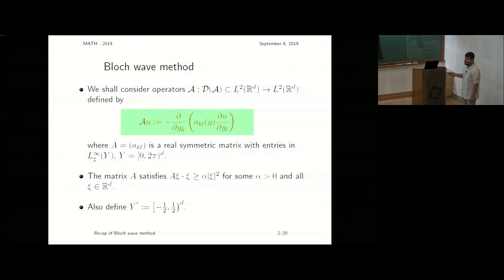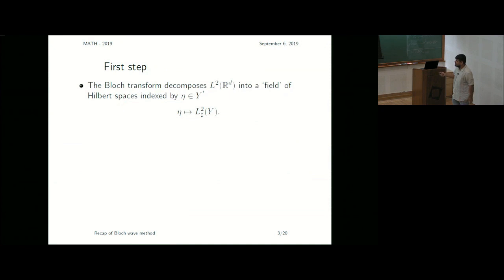What Professor Muthukumar did last week, I'm going to run through very quickly. First of all, he defined the Bloch transform, and using the Bloch transform, he decomposed the space L2 of Rd into a field of Hilbert spaces indexed by eta in the dual cell.